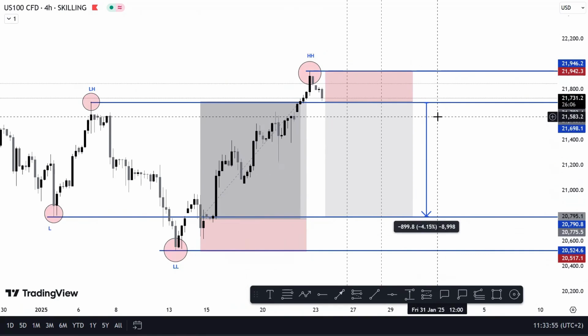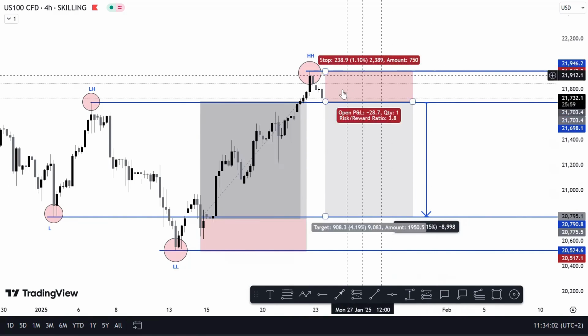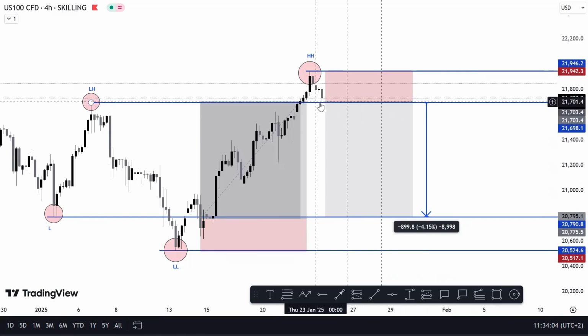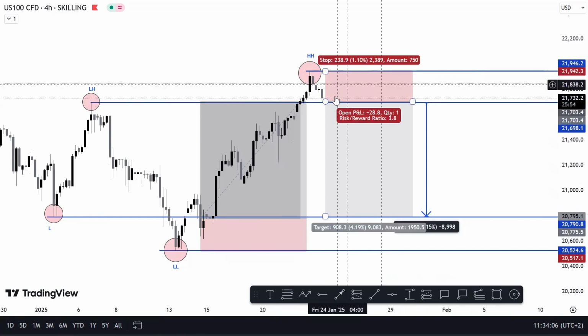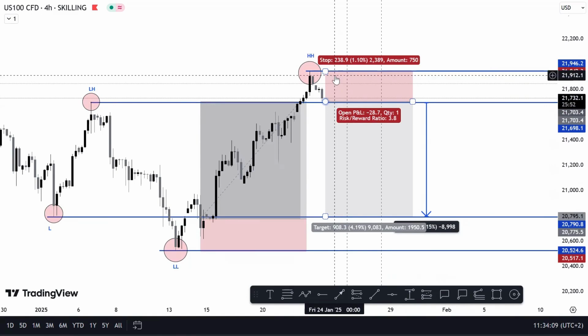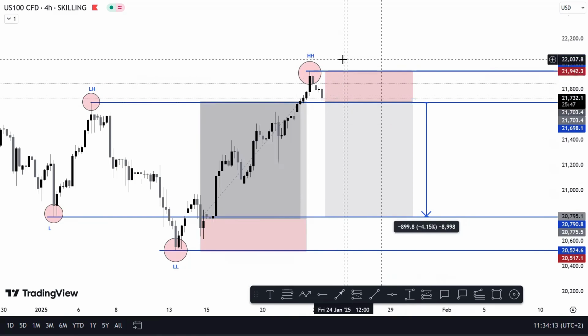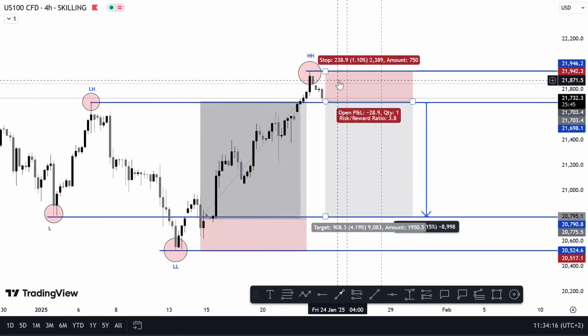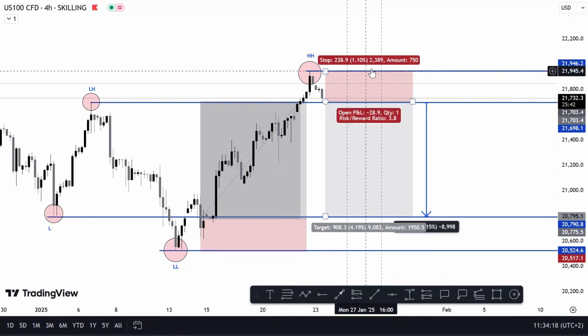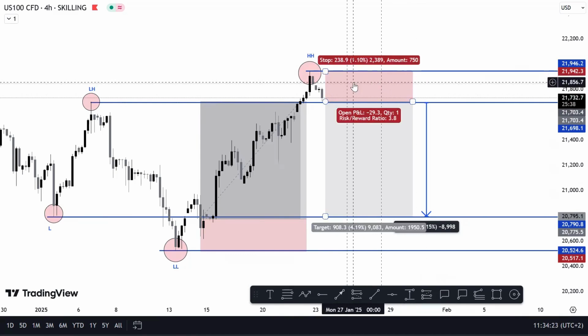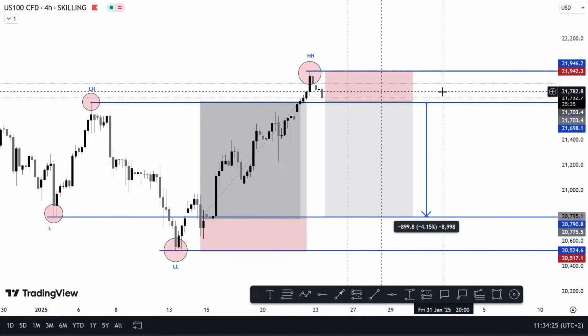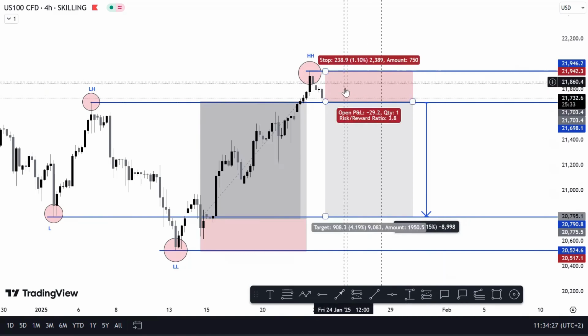you will need to practice proper risk management, meaning you always have a stop loss. Make sure that your account will be able to take the downside. The downside of this trade is about 238 points, which is around 2,389 pips.